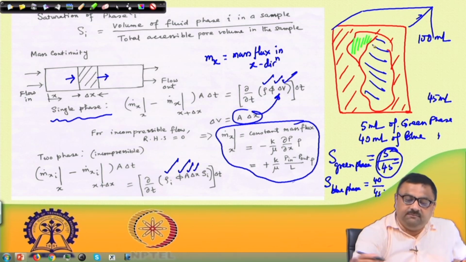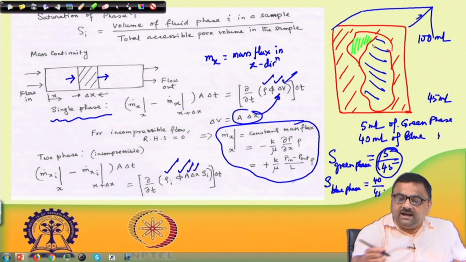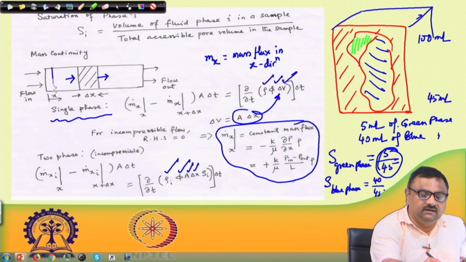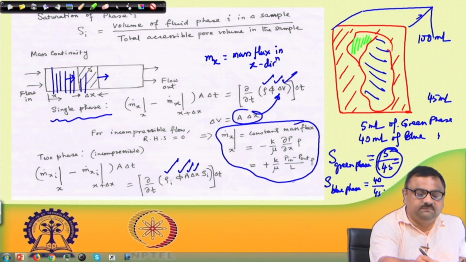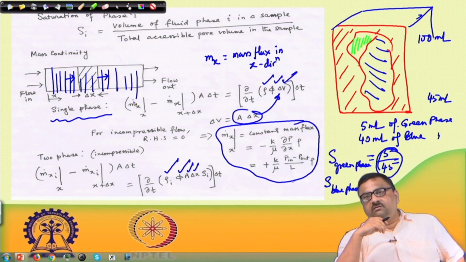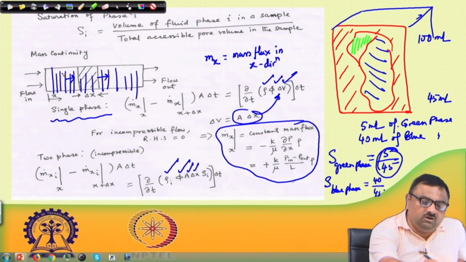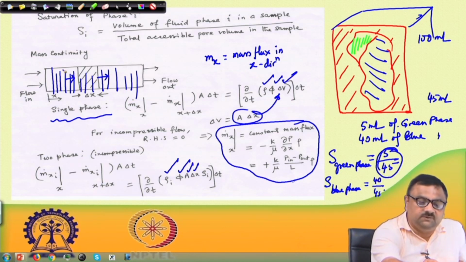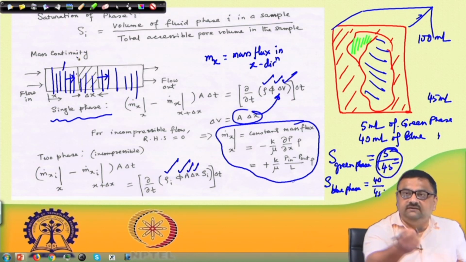That means I am having a two phase flow, and let us say I have split the system into hundreds of such grids, hundreds of such differential volumes. At every volume there could be this readjustment: in some places the saturation of the blue phase is increasing, in some places the saturation of the green phase is increasing.